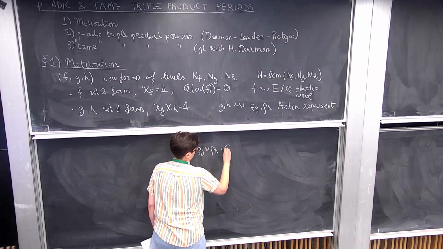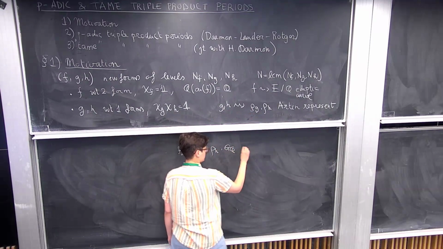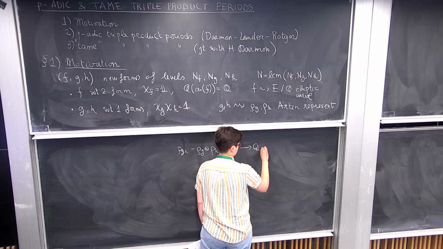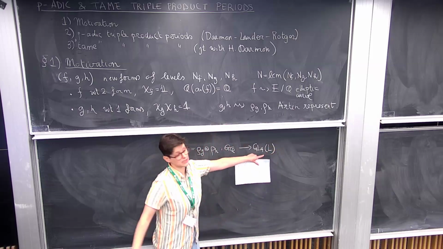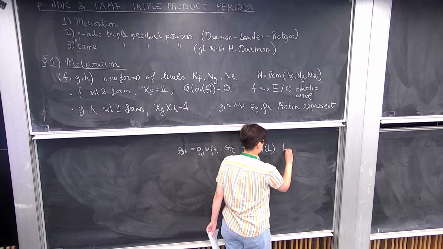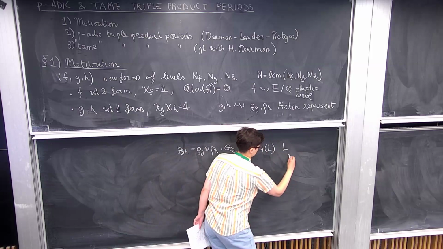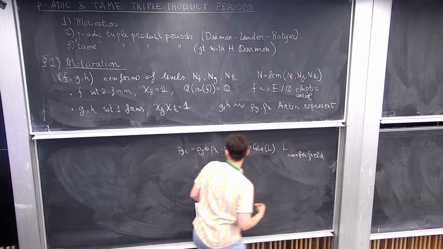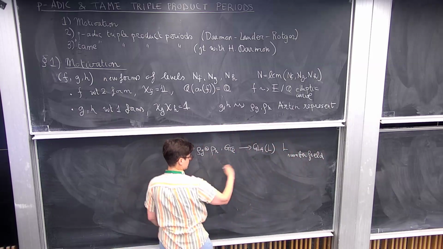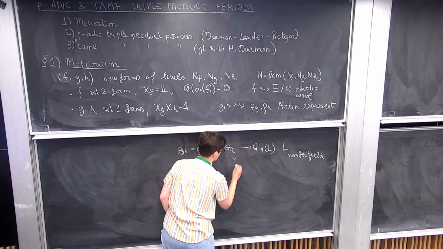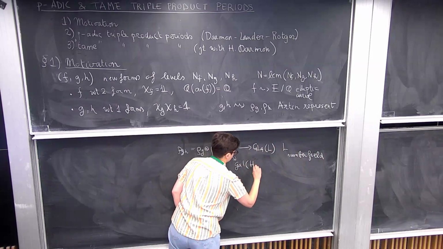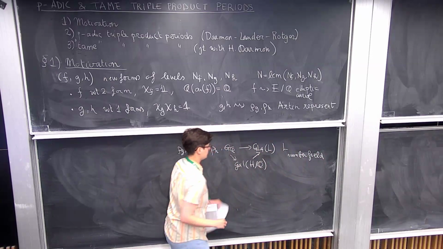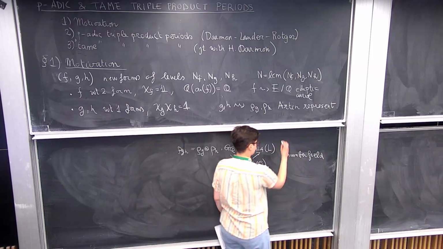That is going to be a 4-dimensional representation of the Galois group of Q, which I can view as valued in some number field L. And I can also view this representation as factoring through a finite quotient, and I'll denote by H the field cut out by this.